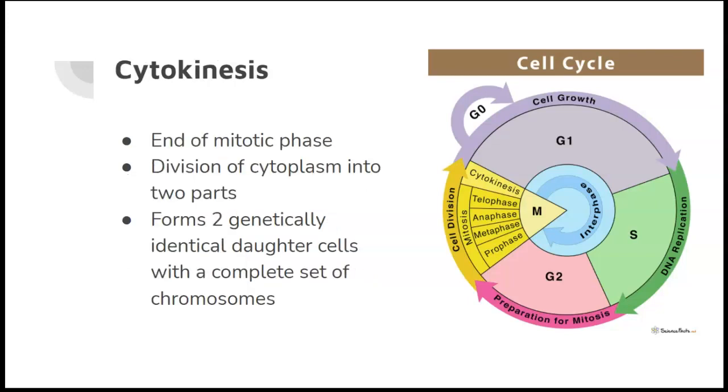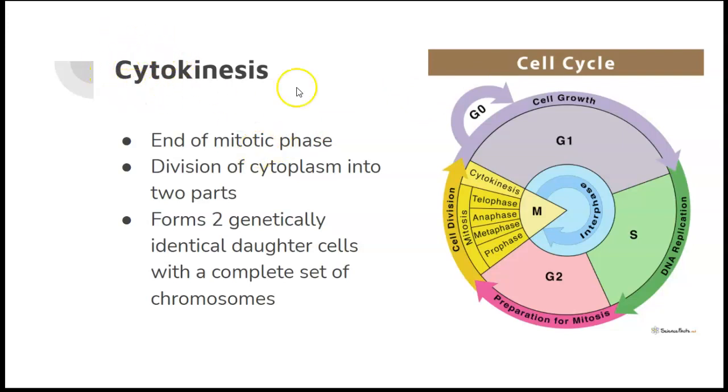And then after the mitotic phase, you go through cytokinesis. Cytokinesis is the 3rd and final stage of the cell cycle. Even though it's in this cell division area, it is considered its own separate stage. Cytokinesis is after the mitotic phase, and it's specifically the division of cytoplasm, right?